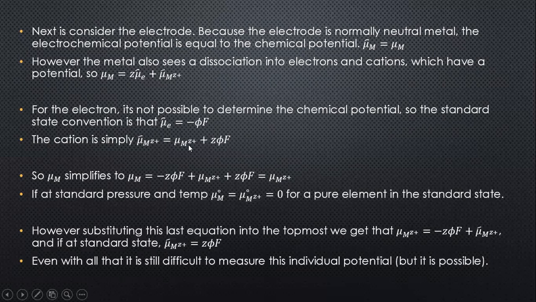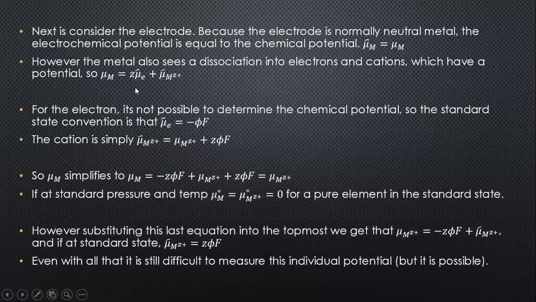Now, for an electron, it's not possible to determine the chemical potential of the electron. So the standard state convention is that there's no chemical potential, so it's just 1 times phi times F. And for a cation, it's going to be the chemical potential of the cation plus Z phi F, because we said this was related by chemical potential plus Z phi F.